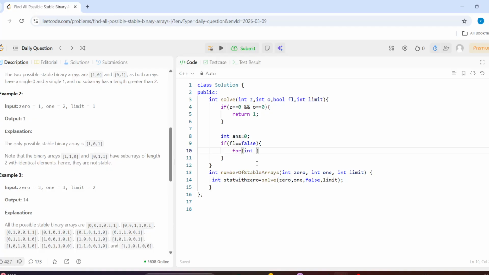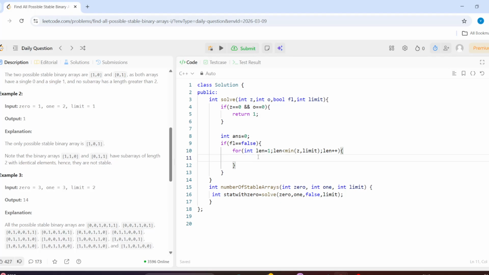If 0 is coming, then for int len equal to 1, len less than or equal to min of z and limit, len plus plus, we can take that much amount of zeros.